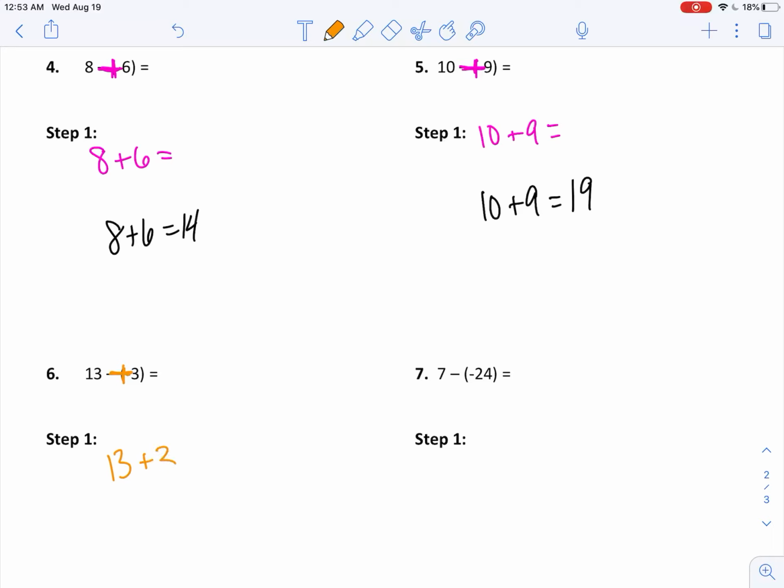I'll make those a plus. So 13 plus 3, and then here I've got 7 minus negative 24. Make that a 7 plus 24. And then I can solve. So 13 plus 3 is 16, and 7 plus 24 is 31.